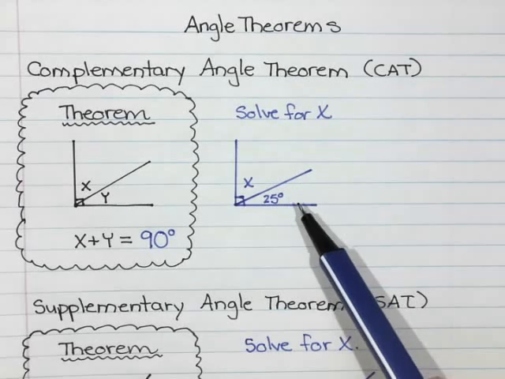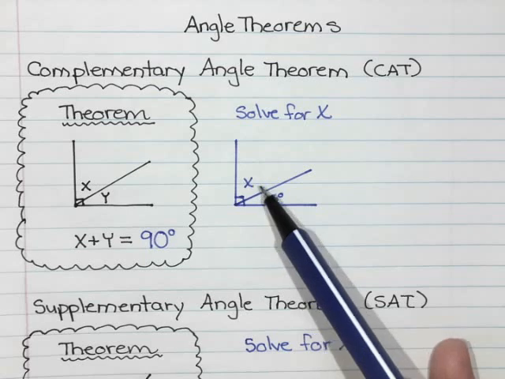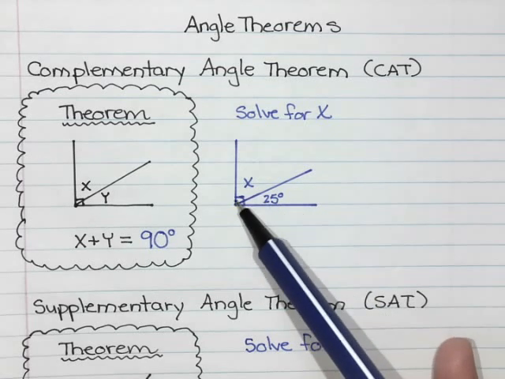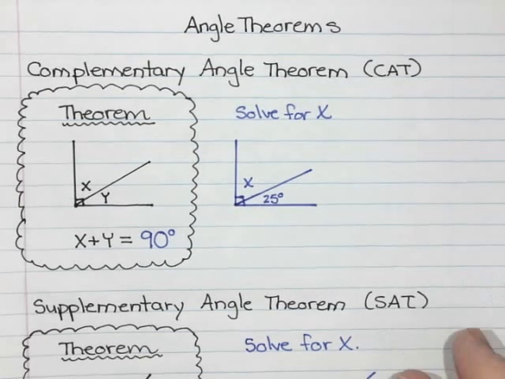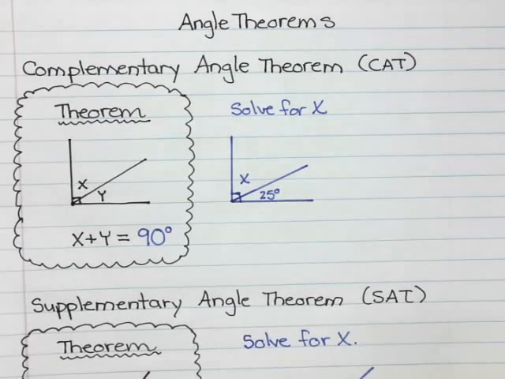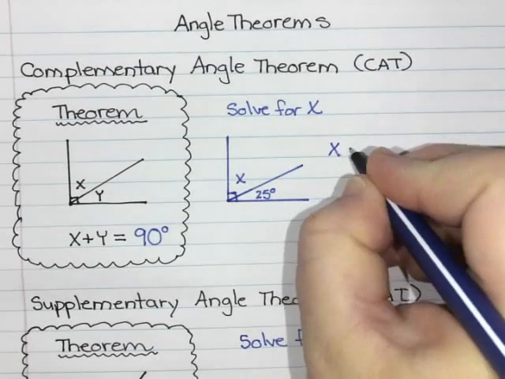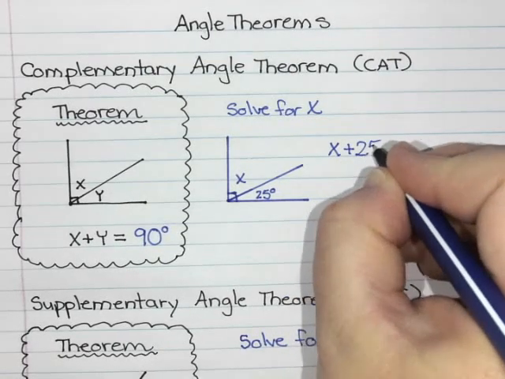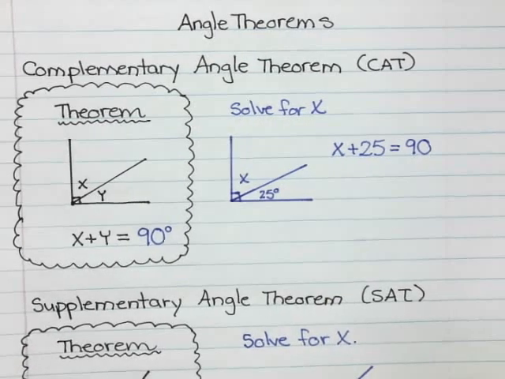So we're going to try an example. It says solve for x. I have 2 angles. I have an angle x and an angle 25. And I notice that together they have that little right angle there, which means they should add to 90 degrees. So when I'm doing one of these questions, I like to use an equation. So I'm going to say that x plus 25 should equal 90.